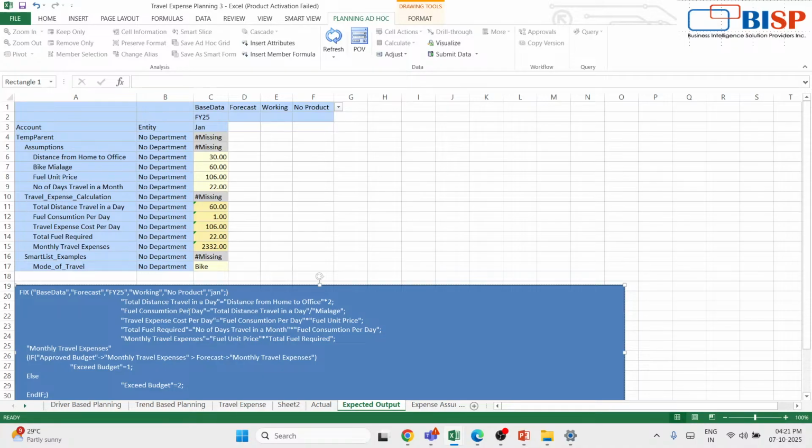In the same way, if we want to find out the travel expense cost per day, using the same formula, we take the fuel consumption per day in double quotes and multiply it by fuel unit price. The total fuel required equals number of days travel in a month multiplied by fuel consumption per day. Monthly travel expense equals fuel unit price multiplied by total fuel required.